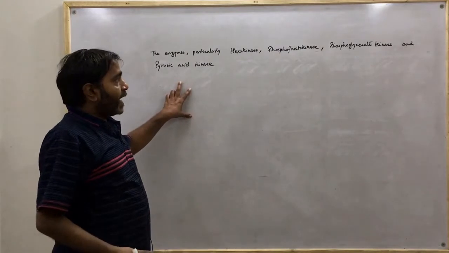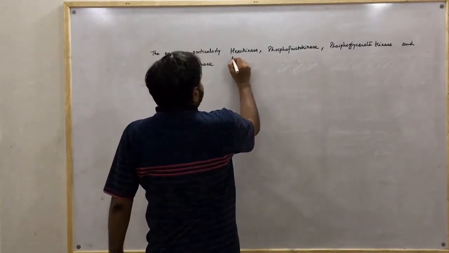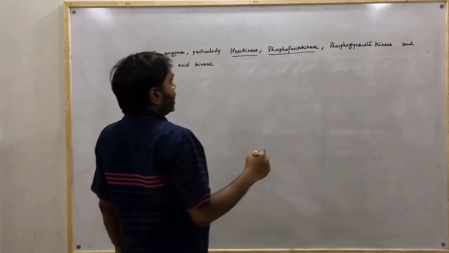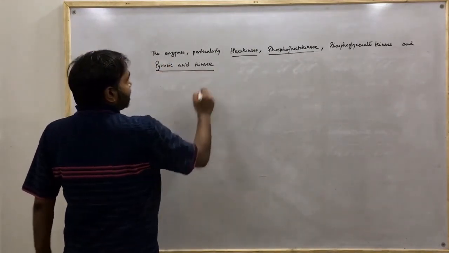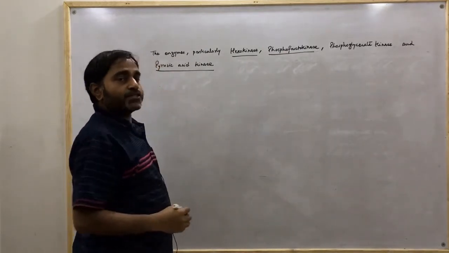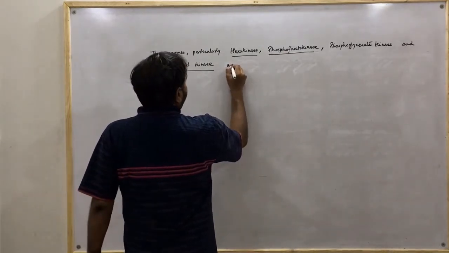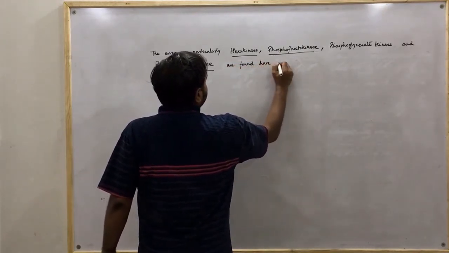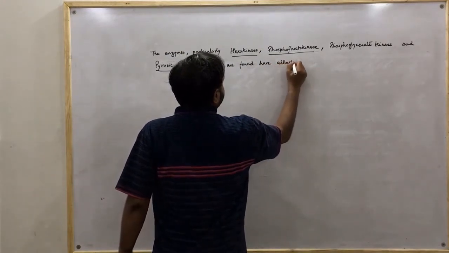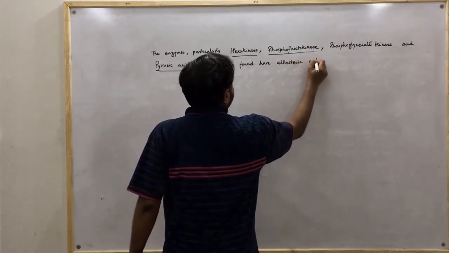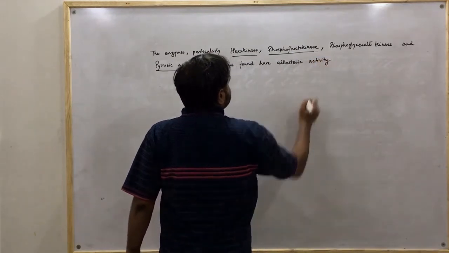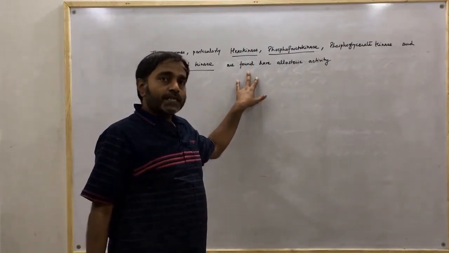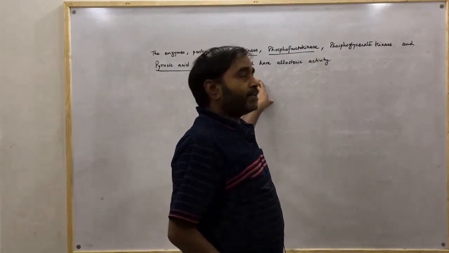We can see that most of the enzymes like hexokinase, phosphofructokinase and pyruvic acid kinase have allosteric activity. So these enzymes, due to this reason, may serve as regulatory factors.